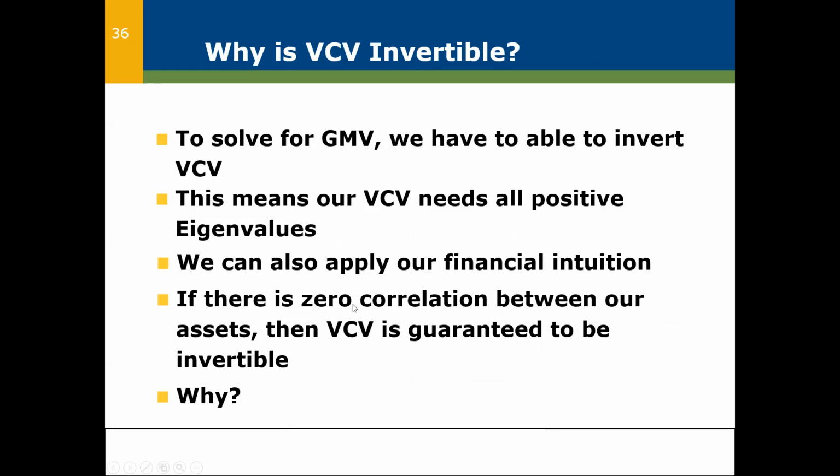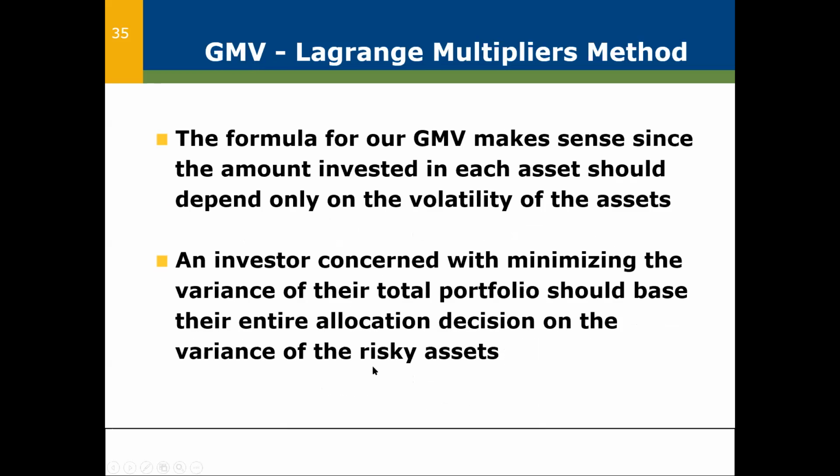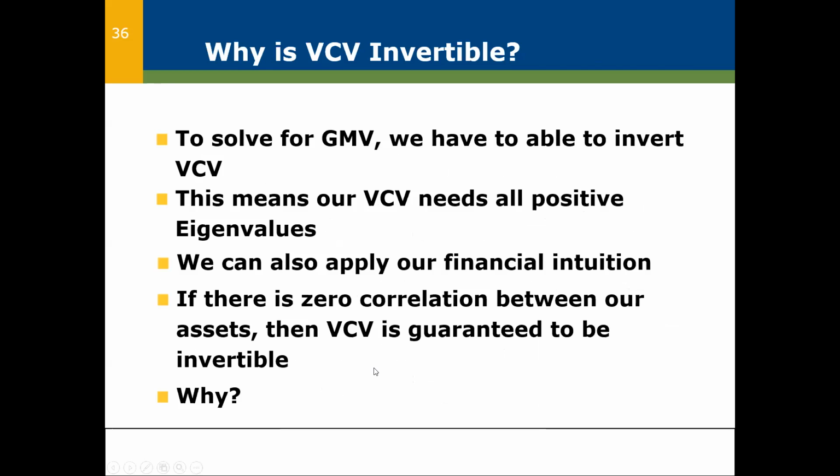Then I talk a little bit about the invertibility of the variance covariance matrix, which means that you have to have positive eigenvalues. From a financial standpoint, it means that you need assets that are relatively uncorrelated to be able to invert the matrix. I build up that intuition a little bit here and show that if you have uncorrelated assets, then the inversion is a trivial and robust process.